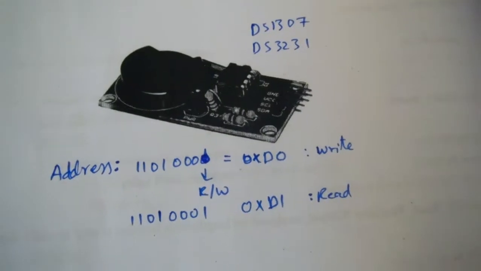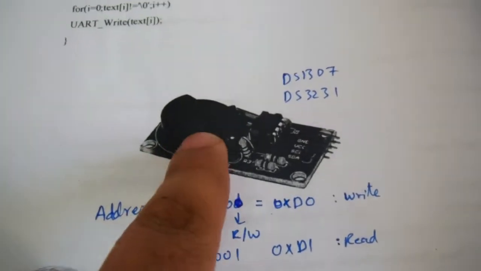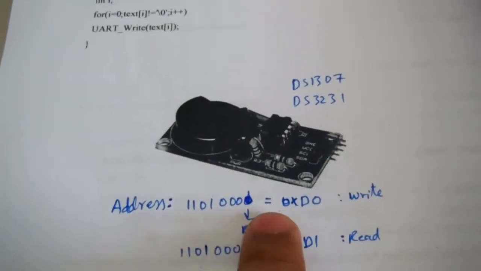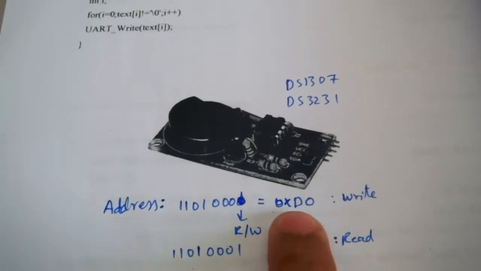Like here, as you can see, the real-time clock is the DS3231 RTC, and its address is 0xD0 to write.